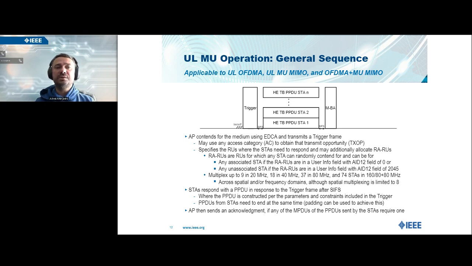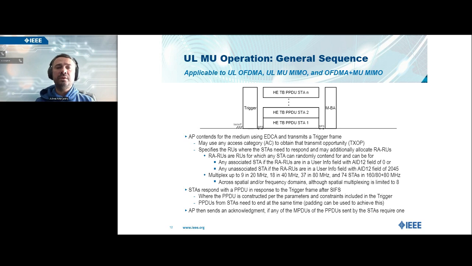And these stations can multiplex their transmissions, as mentioned, both in spatial and or frequency domains, although the spatial multiplexing is limited to 8. So the stations are going to respond with a PPDU in response to the trigger frame after SIFS. And as mentioned earlier, this PPDU is constructed with the parameters and constraints included in the trigger frame.